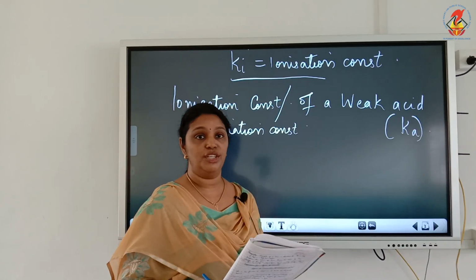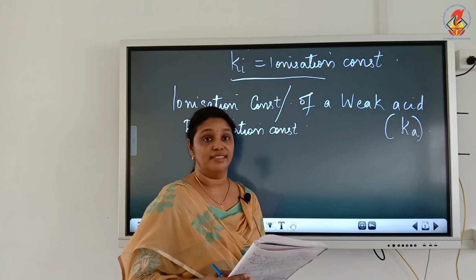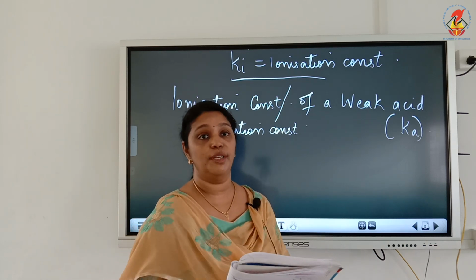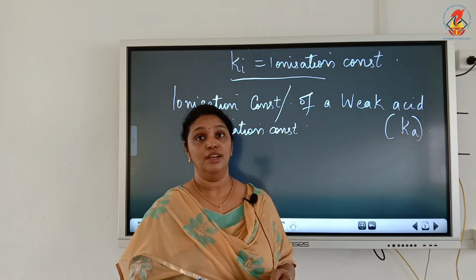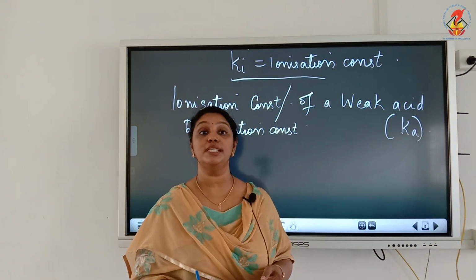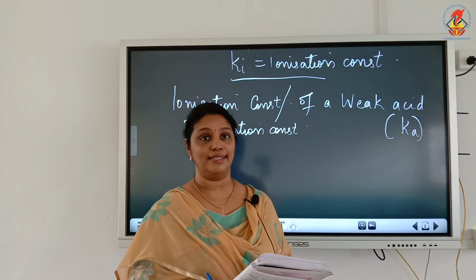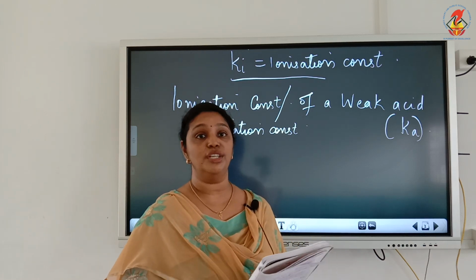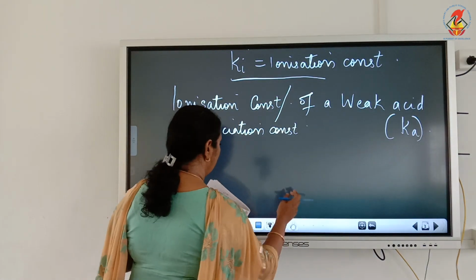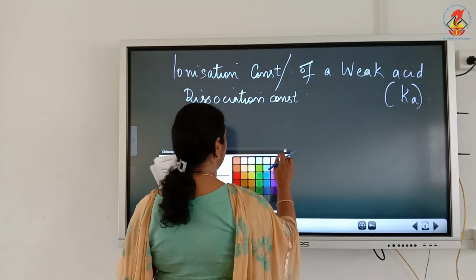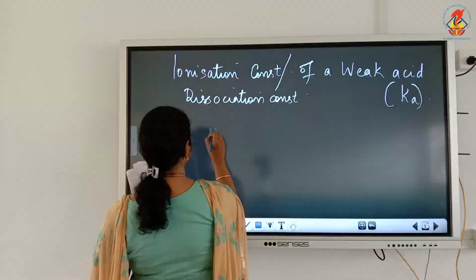Now this is a derivation, so this can be asked as a question: derive an expression for the ionization constant of a weak acid, or derive an expression for the dissociation constant of a weak acid. We are going to start the derivation taking acetic acid as example. Acetic acid is a weak acid and it's partially ionized in aqueous solution.